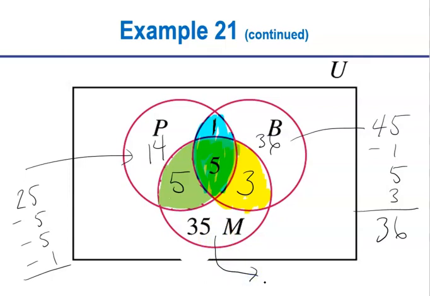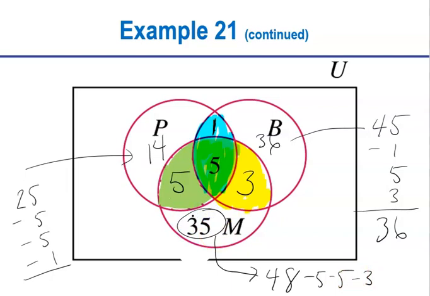And then some weird stuff erased. Don't ask me how that happened. I don't know. So how many was it? 48 took mathematics. Okay, so I have 48, but in my mathematics circle, I already have 5 and another 5 in the center and then another 3 over here in the biology area. So 48 minus 10 is 38 minus 3 is magically, look, it was 35, so it's right.